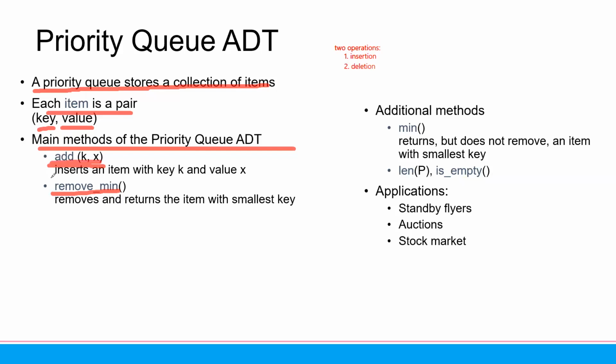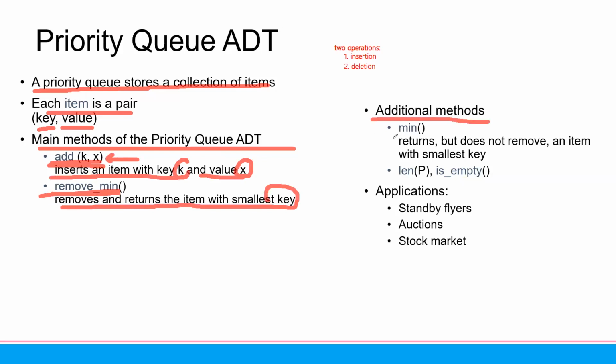It means I'm going to insert an item with key of k and the value of x. So there are two parameters. And then remove. It means I will like to remove and return the item with the smallest key. There can be other additional methods.